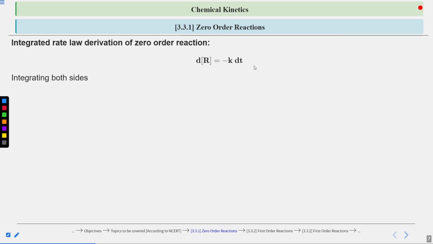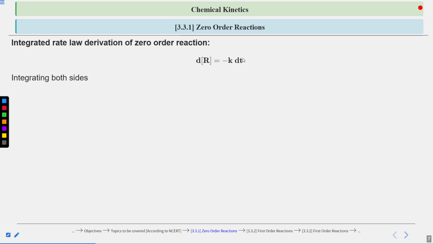We take the integration when we have a changing term on both sides. Here dR represents a little change in the reactant concentration on the left hand side, and dt represents a little change in time on the right hand side.